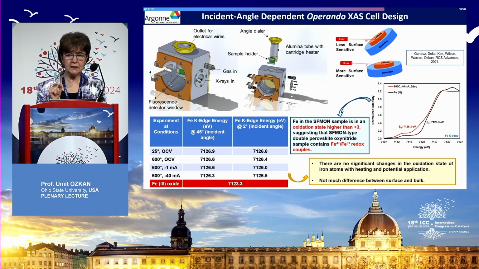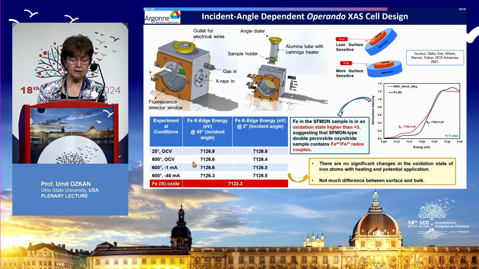So by making the incident angle much smaller, you can make the technique more and more surface sensitive. So here, first of all, we're looking at the oxidation state of iron, and it is at a state higher than +3. So there is really this Fe4+, Fe3+ redox couple. That's what we learned from here.